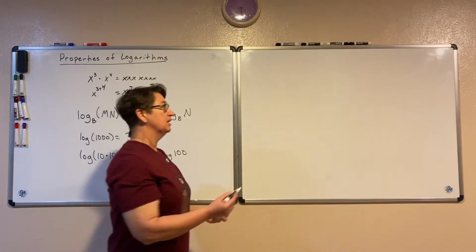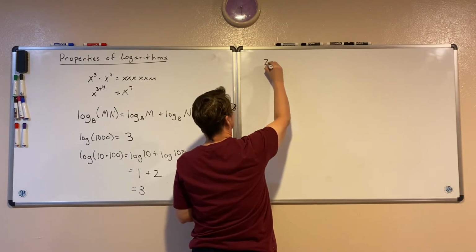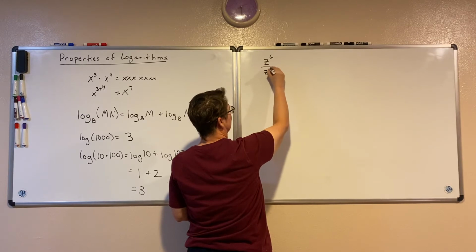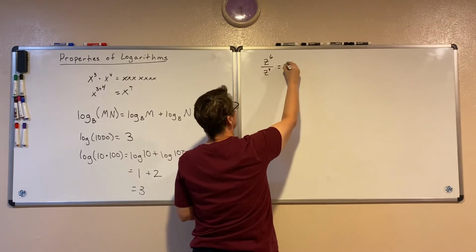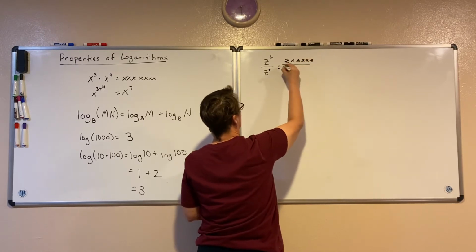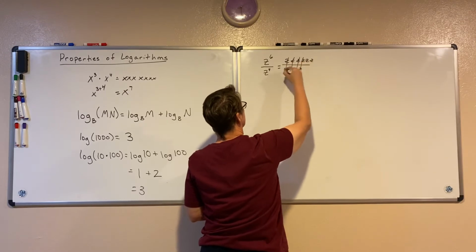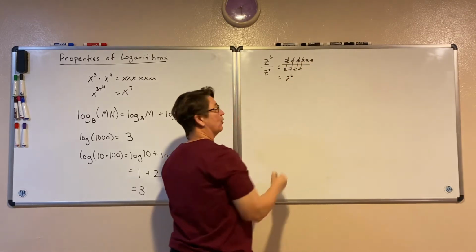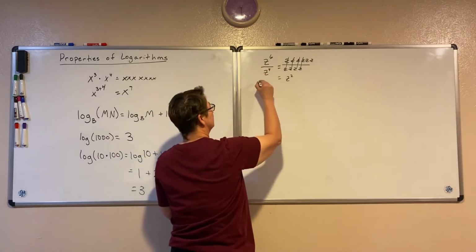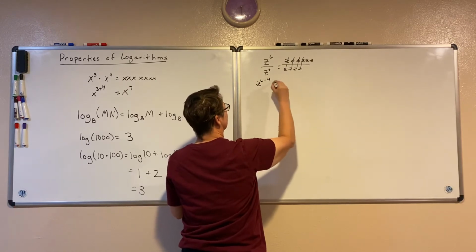Now, let's look at the quotient rule with exponents. So if I have something like z to the 6th over z to the 4th, that's 1, 2, 3, 4, 5, 6 over 1, 2, 3, 4. Notice I'm left with z squared. Or we know from our quotient rule with exponents that we can just subtract our exponents to end up with that z squared.